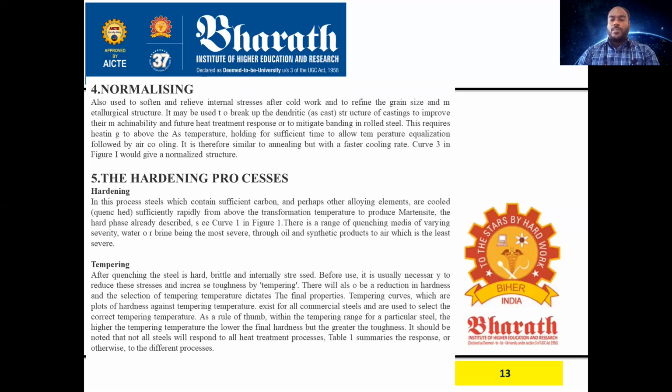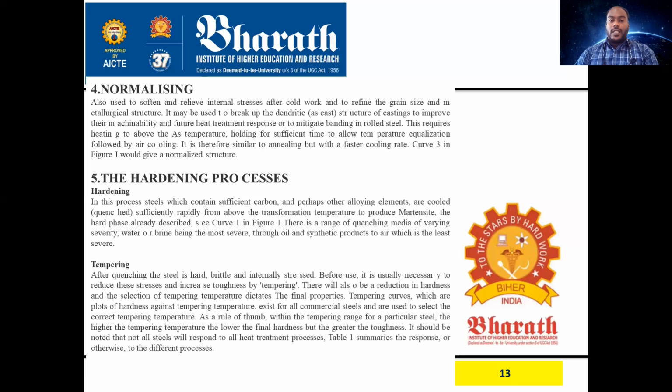And now, the fourth process is normalizing. It is also used to soften and relieve the internal stress after cold working, and to refine the grain size and metallurgical structure. It may be used to break up the dendritic cast structure in castings, to improve machinability and future heat treatment response, or to mitigate banding in rolled steel.